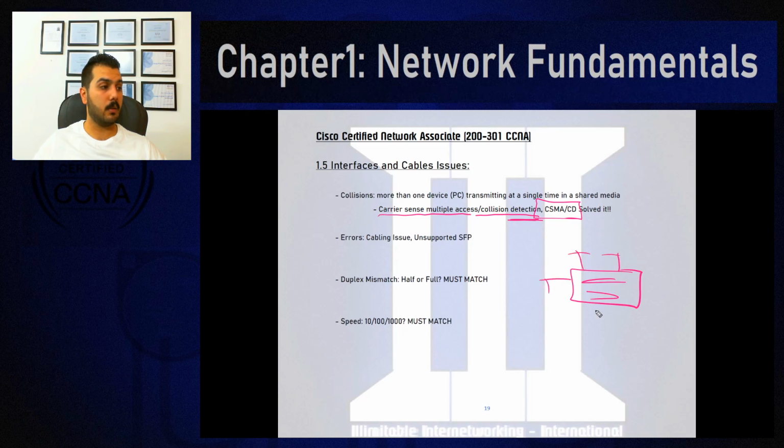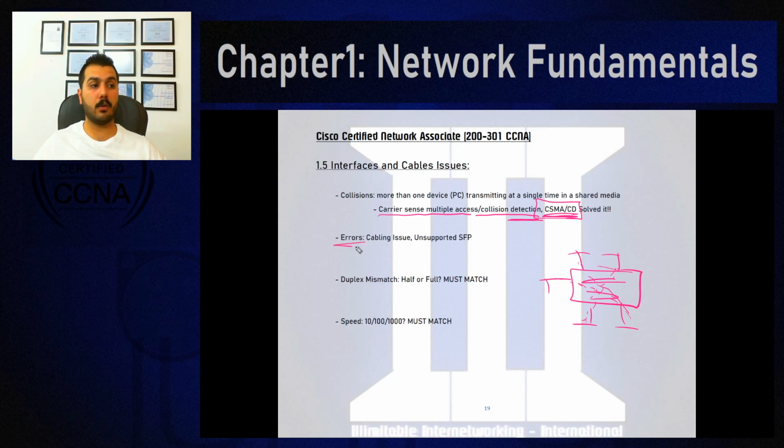When one device wants to talk to another and a third wants to talk to a fourth, collision detection happens between them, and the switch separates each conversation into a different layer, so no collision happens. All devices can talk to all devices at the same time with no problem and no collision, thanks to CSMA/CD.